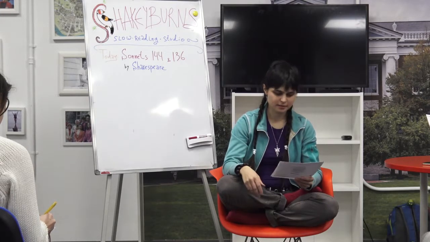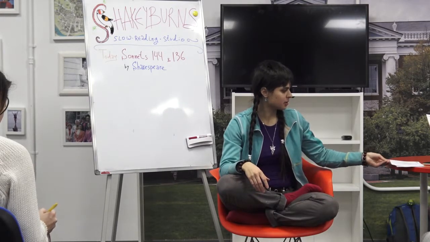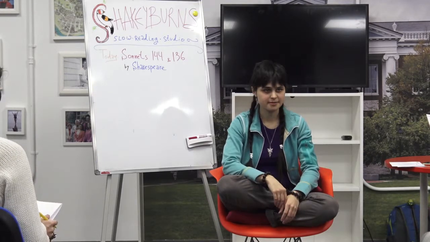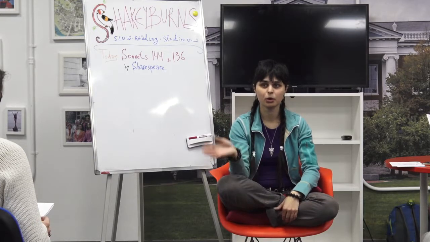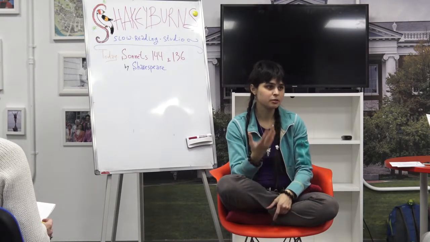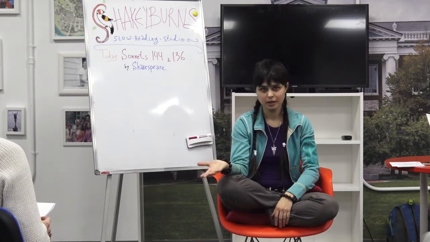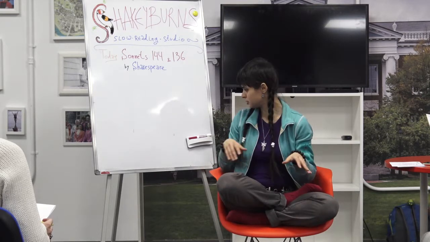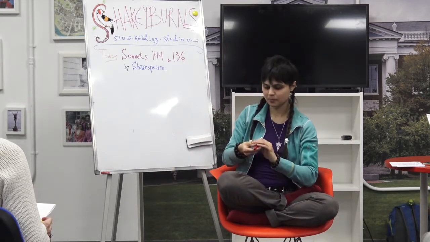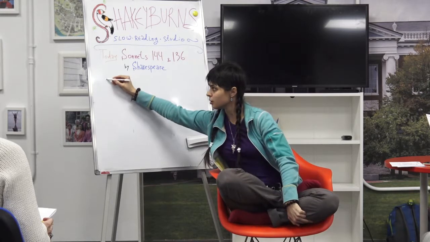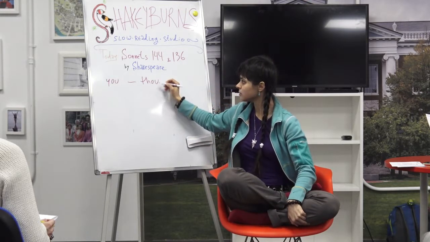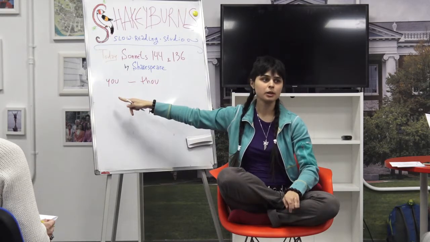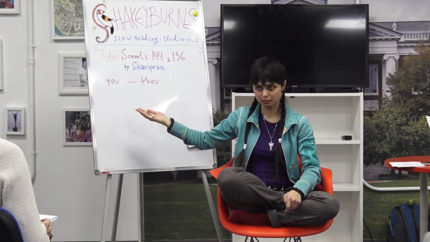Also, we have these funny Old English words like thy and thee, thou. So in Shakespeare's times, they were already archaic, so he uses them for poetry. I like these words too. I think everybody should use them. It's like we have you and we have thou. Thou is you, singular, informal.